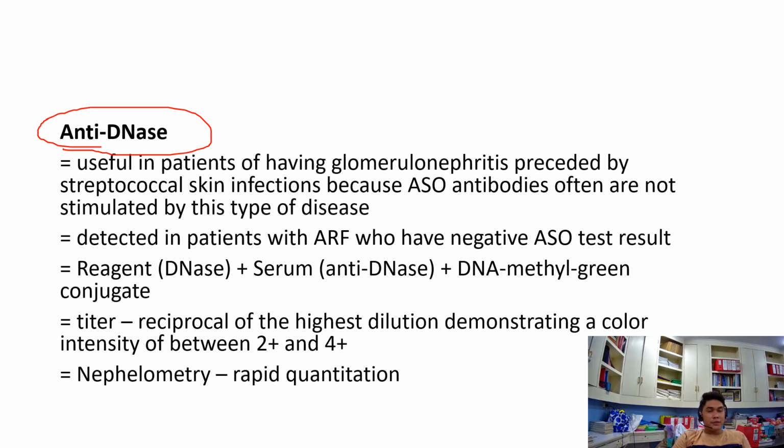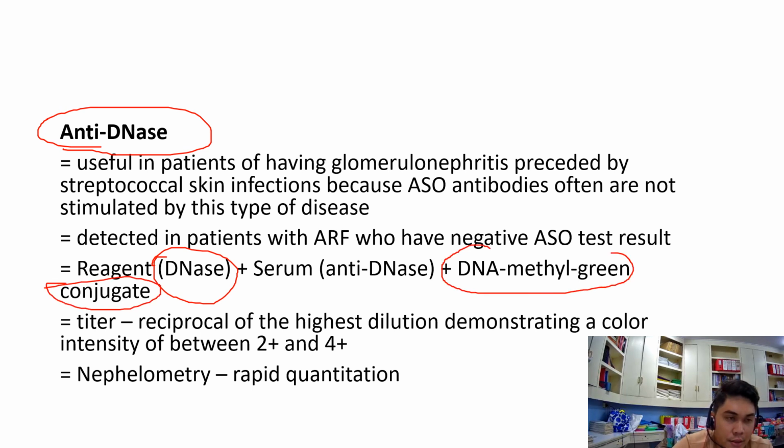So the principle: you have the DNase reagent, and the second reagent is the DNA methyl green conjugate. DNase is responsible for the breakdown of DNA, and once DNase breaks down the DNA methyl green conjugate, there's a color change from green to colorless because of the breakdown of DNA.